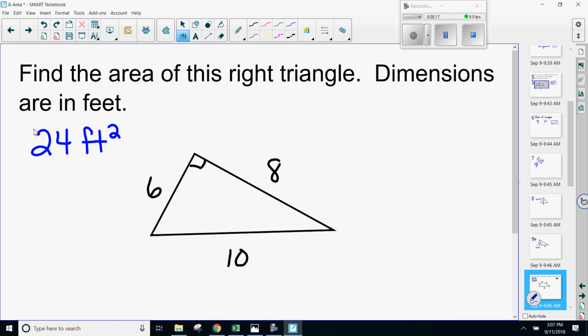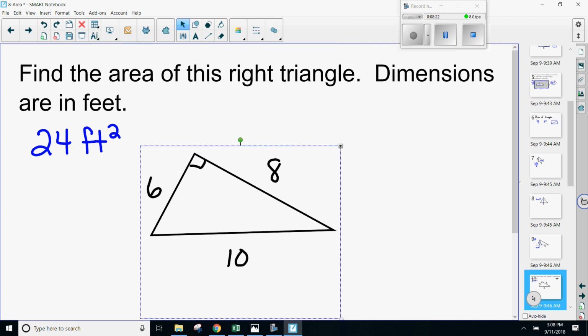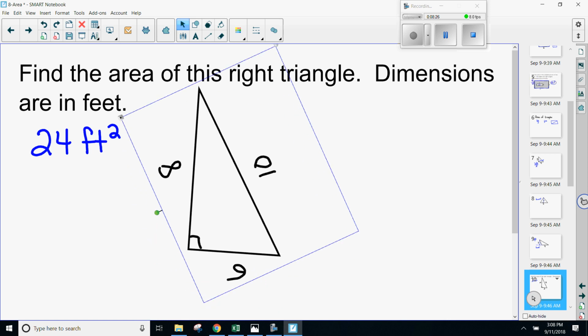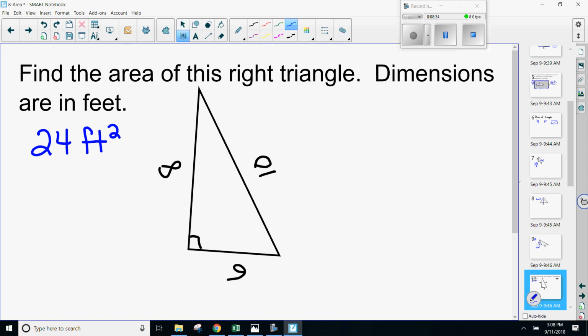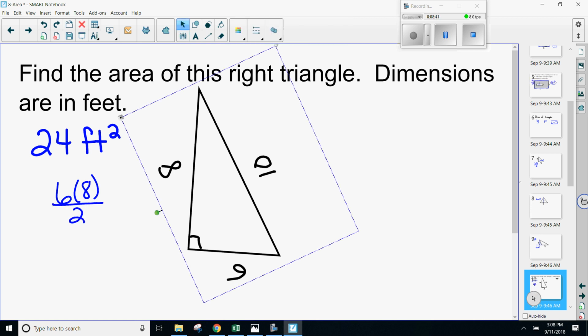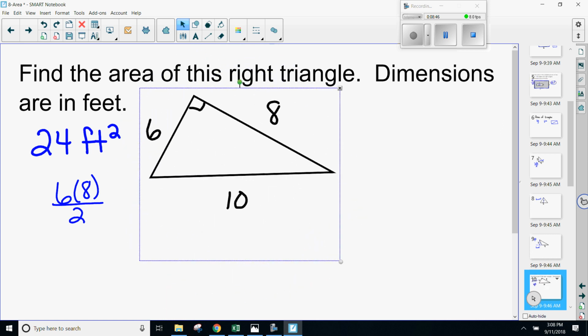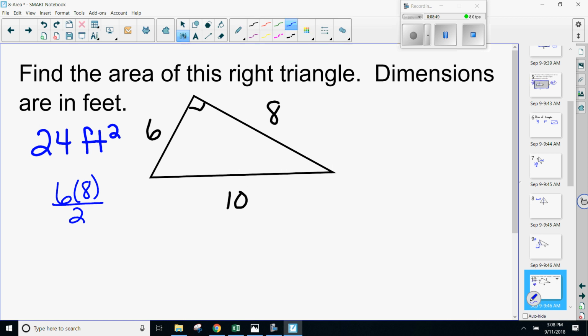When you have that right triangle, something that may be helpful is to go ahead and envision it rotated. Now your base is 6 and the height is 8. It's a lot easier to look at it in that format and say that it's 6 times 8 divided by 2, instead of saying that your base is 10, and then trying to figure out what that height is right there.